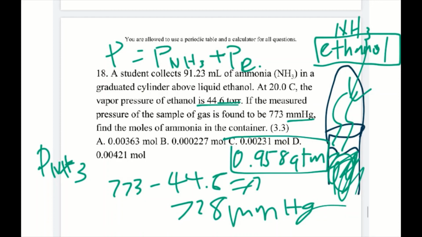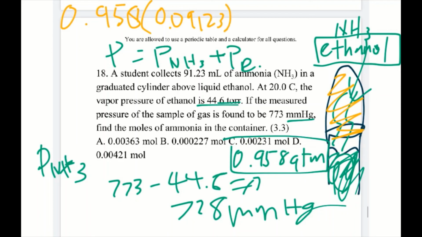So let's use PV equals nRT in order to figure out how many moles of ammonia gas there are. Our P is 0.958. Our V will be, well, the volume of the ethanol is just the volume of the gas, so 0.09123 liters.